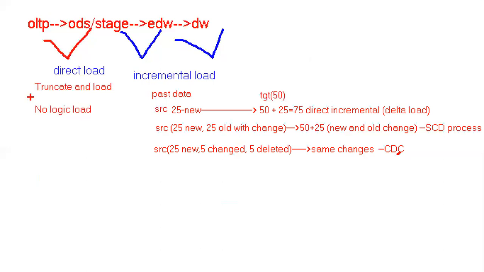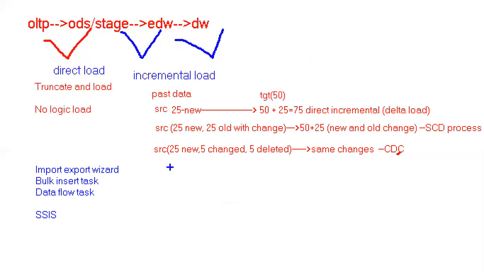Now, how do we implement this? This direct load we implement in real time by using the import export wizard, the bulk insert task, and the data flow task. In total, 3 tasks in SSIS are helpful to implement it.